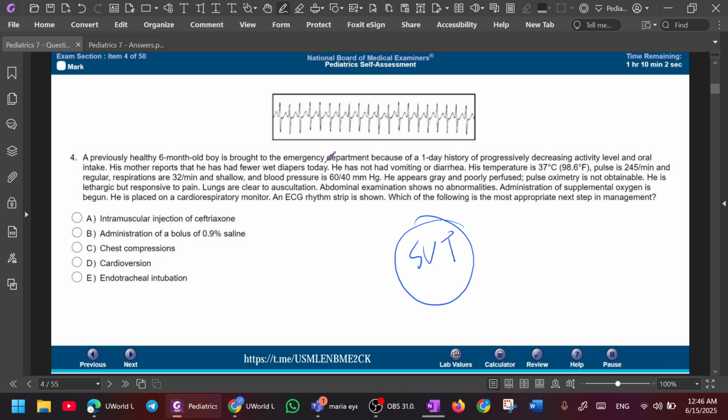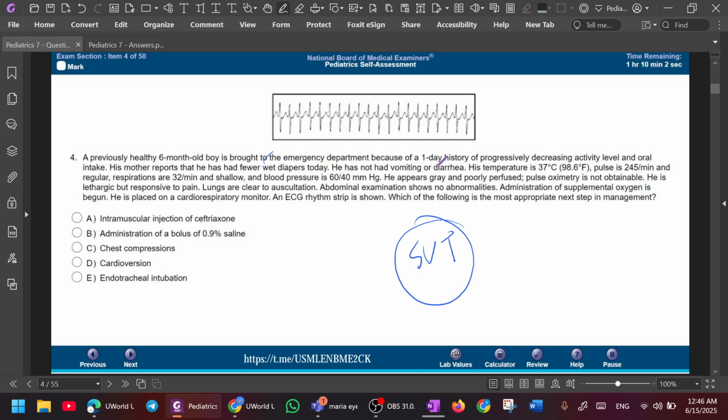A previously healthy 6-month-old boy is brought to the emergency department with a one day history of progressively decreasing activity level and oral intake. His mother reports that he has had fewer wet diapers.